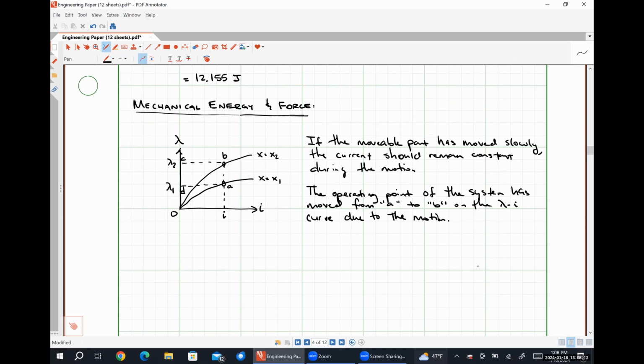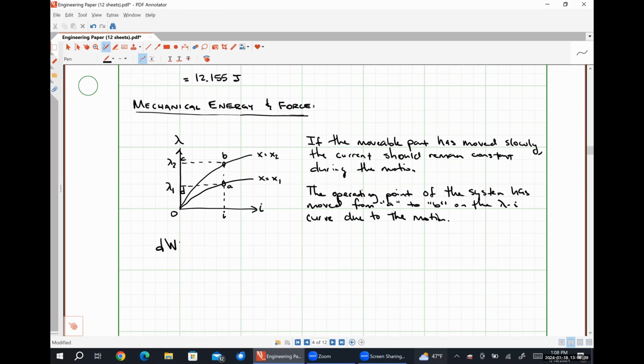During the motion, we must have had some change in electrical energy to cause said motion, right? Effectively, since our flux linkage has changed, our voltage has changed, and since our current was constant and we have some voltage, we should see a change in electrical energy.